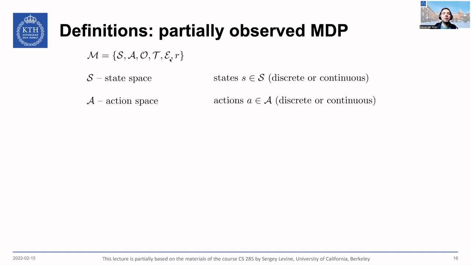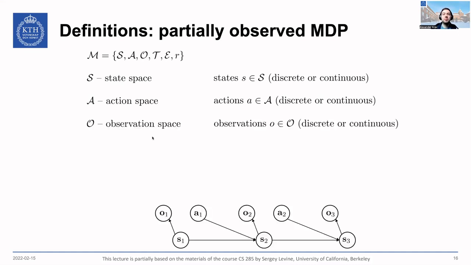So again, we have states, we have actions that take us from states to states. And now we also have the observation space. Each state corresponds to some kind of observation, or it could be a distribution of different observations, because different observations of the same state are possible.